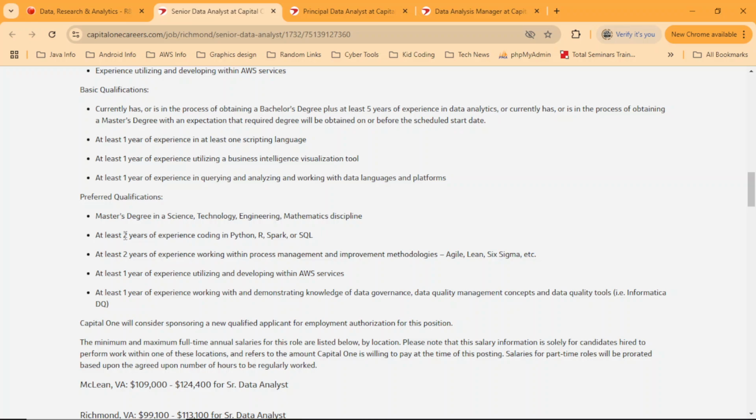So as far as the coding aspect, they're not asking for that much. Then 2 years of experience working with different types of development processes, like waterfall and agile. That's what this is really talking about, but not too important. Again, they mentioned AWS.